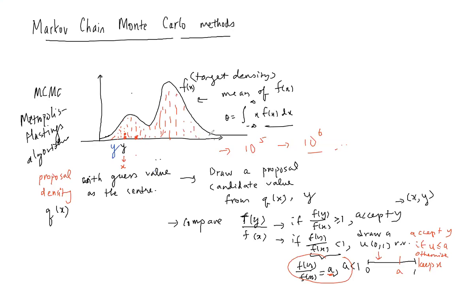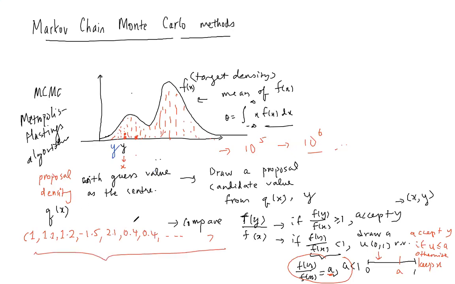Okay, this is a very interesting way to simulate complicated densities, all right? And a usual thing is that this algorithm will generate a sequence of numbers starting from some guess. Okay, so it's a sequence of numbers, all right?